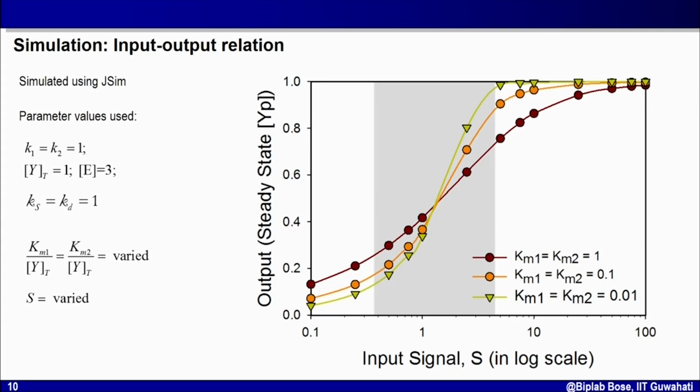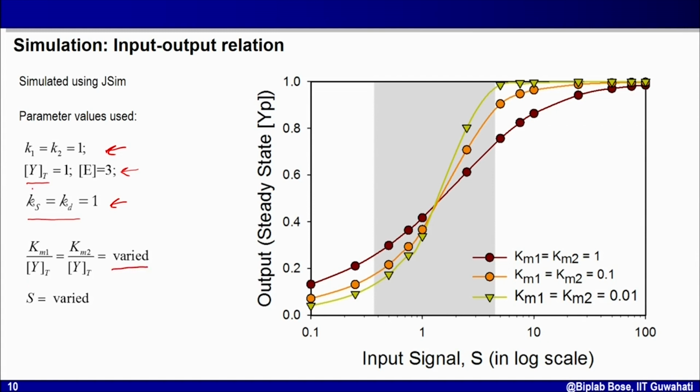I have kept parameters K1, K2 fixed at 1. I have kept the total amount of Y, YT, fixed at 1, and I have kept the phosphatase amount fixed at 3, and the degradation and Ks rates are also kept fixed at 1. What I have varied is the ratio of Michaelis-Menten constant by YT.